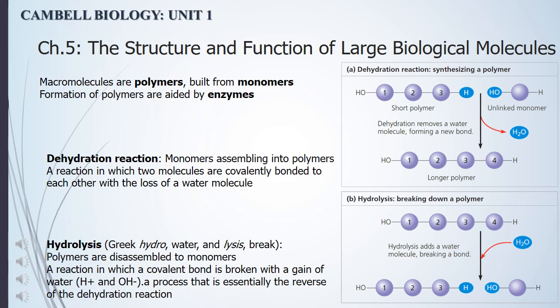So when these 2 systems undergo a chemical reaction, a covalent bond is formed between monomer number 3 on the short polymer and the subsequent monomer number 4. As a byproduct, we have a water molecule.